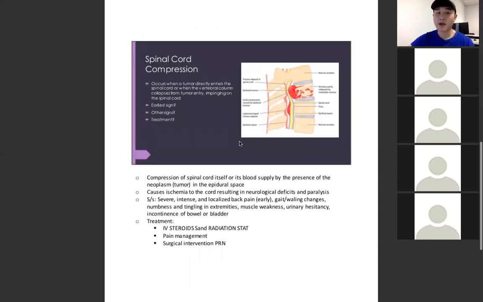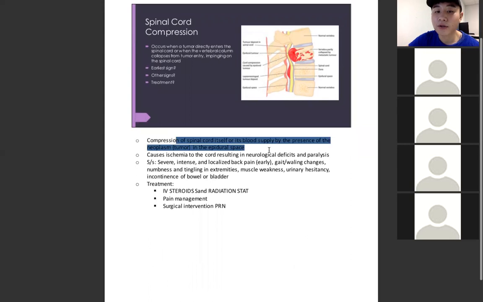All right, next we have spinal cord compression. It occurs when a tumor directly enters the spinal cord or when the vertebral column collapses from tumor injury, impinging on the spinal cord. Compression of the spinal cord or its blood supply by the presence of a neoplasm, aka tumor, in the epidural space causes ischemia to the cord, resulting in neurological deficit and paralysis.